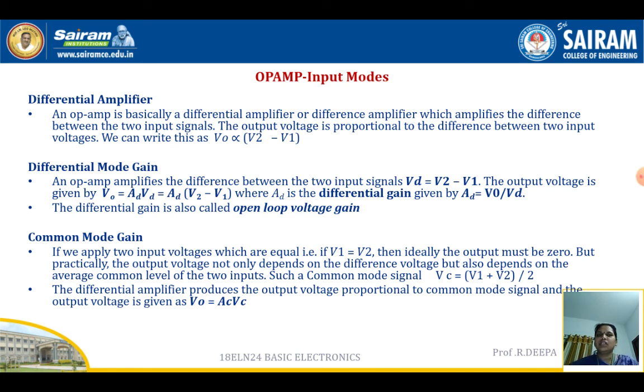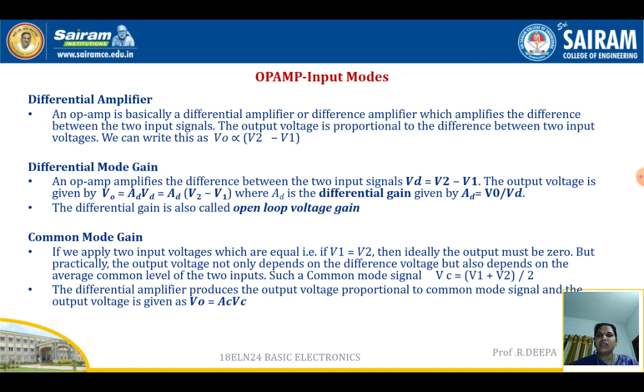Let us study what are the input modes of an operational amplifier. Any op-amp is basically a differential amplifier, or a difference amplifier, which amplifies the difference between the two input signals fed at the inverting and non-inverting input terminals.